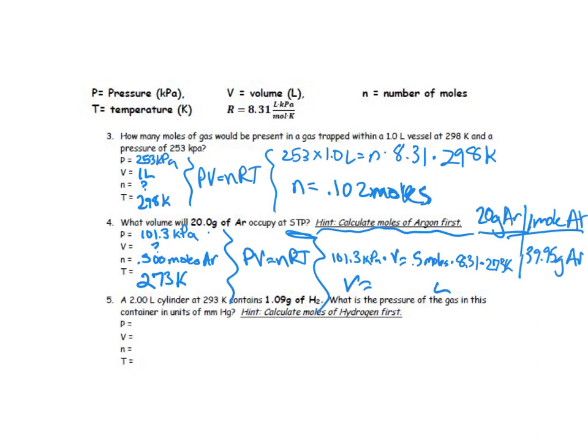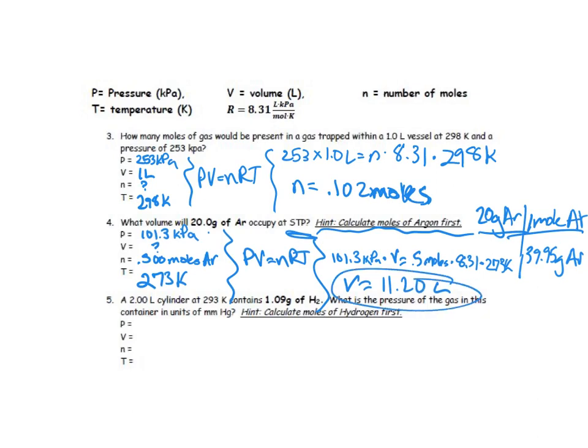So I'll quickly do that. 0.5 times 8.31 times 273 divided by 101.3, and you get your volume to be 11.20 liters.